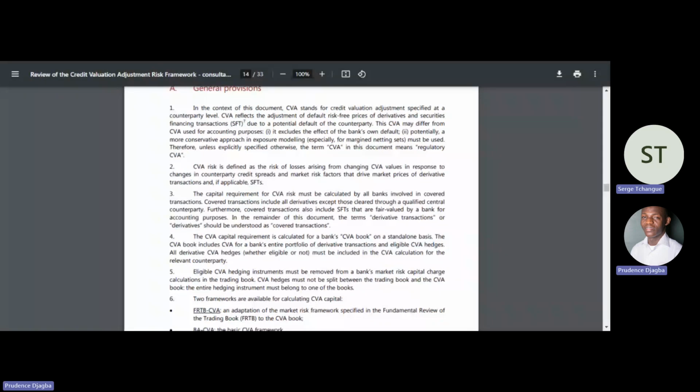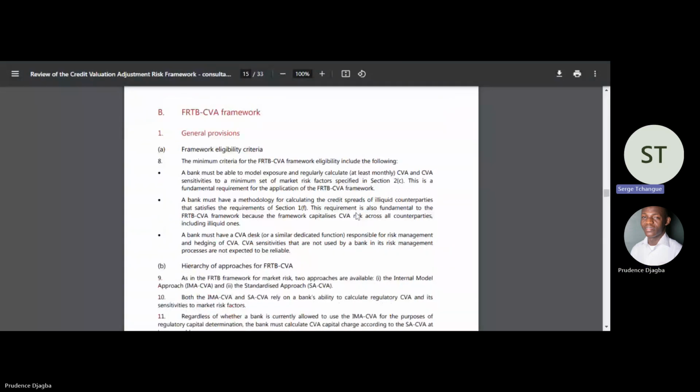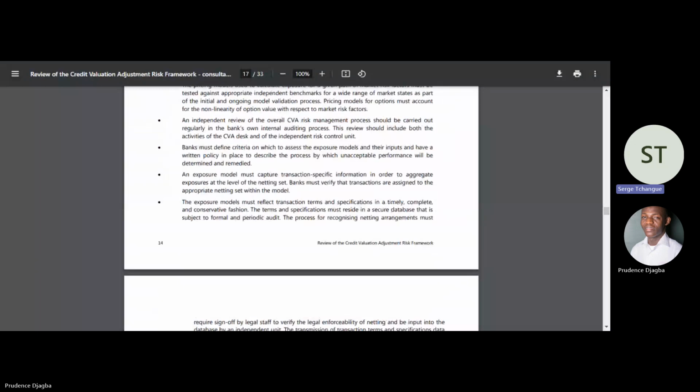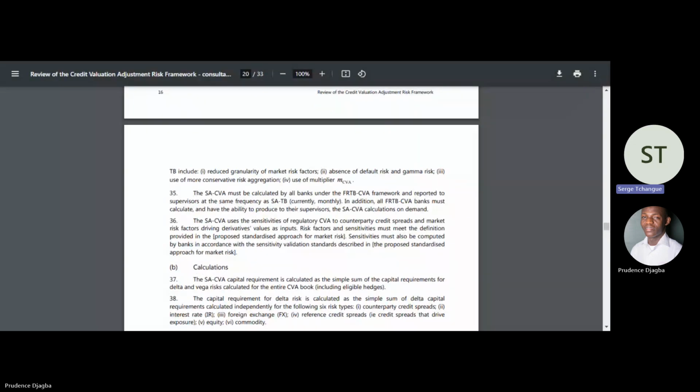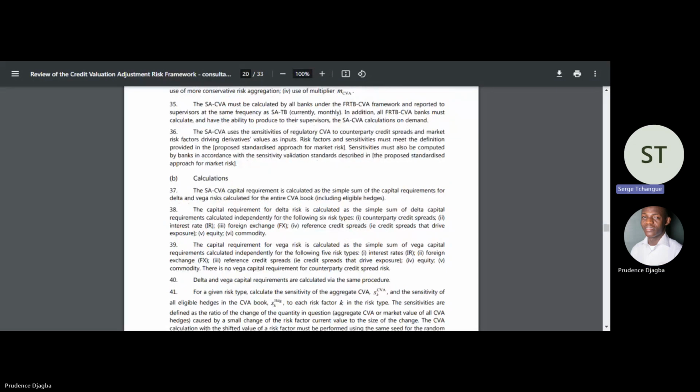You calculate the CVA again, so you have a difference, and you can calculate a derivative. It is a sensitivity to that bump, and that will be your CVA sensitivity to credit spread that you plug into the formula of the standard FRTB.